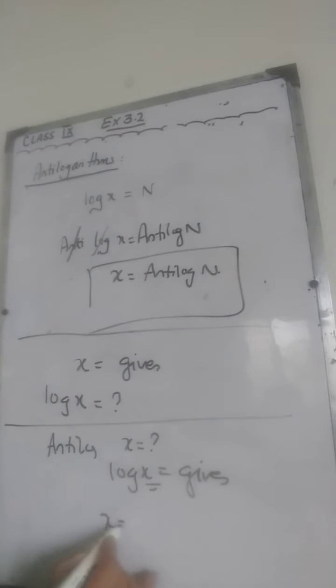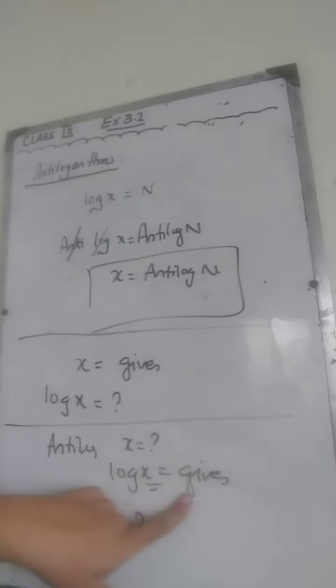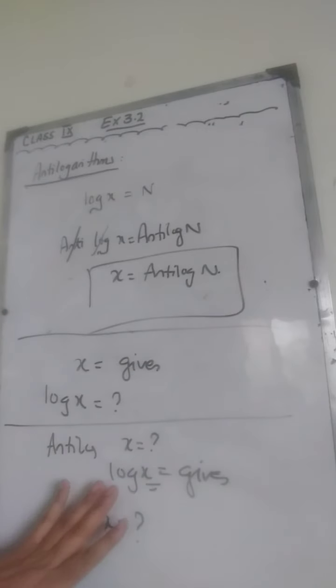So we will find the number by finding the antilog of the given number. If log x is given to us, it's equal to some n, then finding the antilog of n will give us back our number. This is the reverse procedure of log.